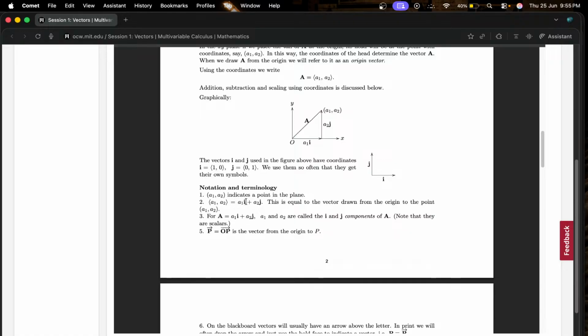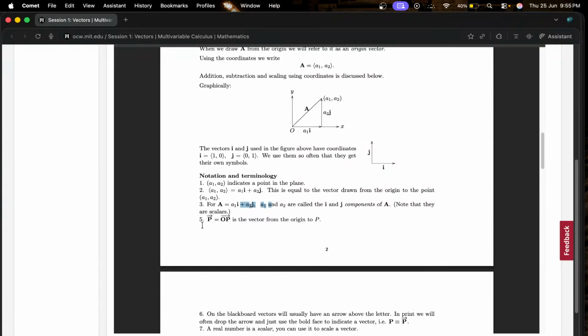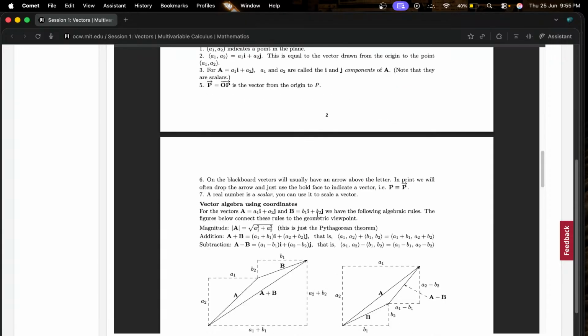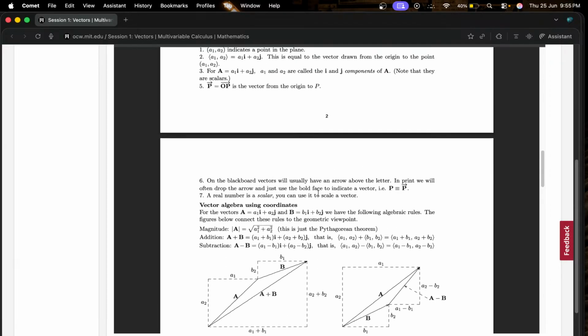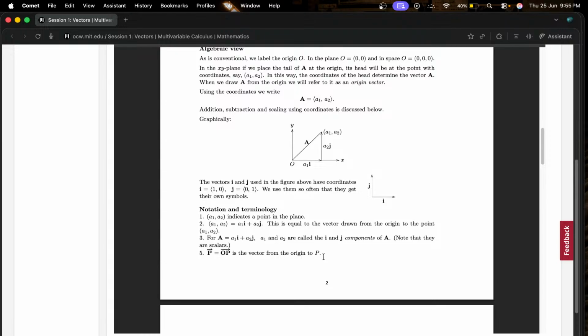Notation and terminology indicates the points in the plane. a1 a2 is equal to a vector in terms of i and j. This is equal to a vector drawn from the origin for vector a. P equal to OP in the vector. What's P? P equal to from O to P, but where is P? Is there any graphical explanation of P, or is P a hypothetical term here?